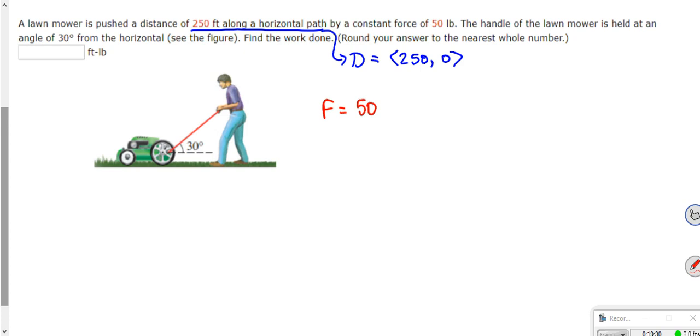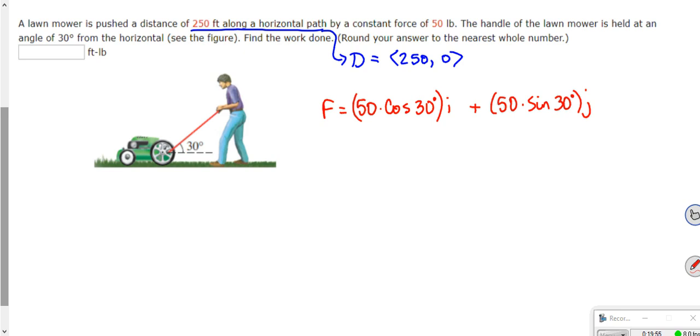It's 50 times cosine 30 degrees. That gives me my I component. And then we've got 50 times sine 30 degrees. That gives me my J component. Again, I hope that rings a bell from section 9.1. If it doesn't, go back and take a look.